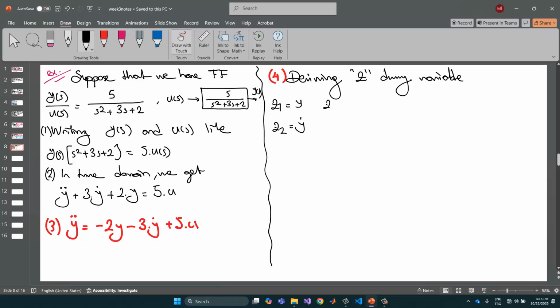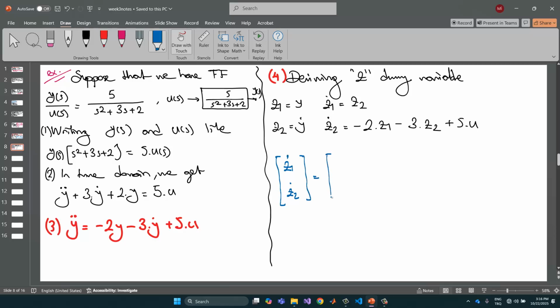Yes. z1 dot is z2, and z2 dot is minus 2 z1 and minus 3 z2 and u, right?